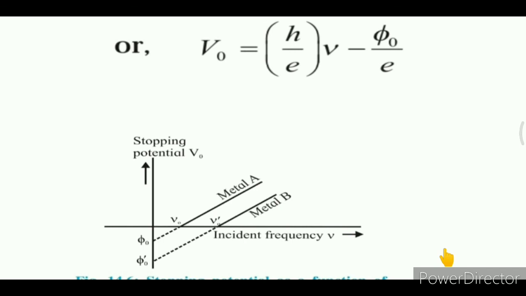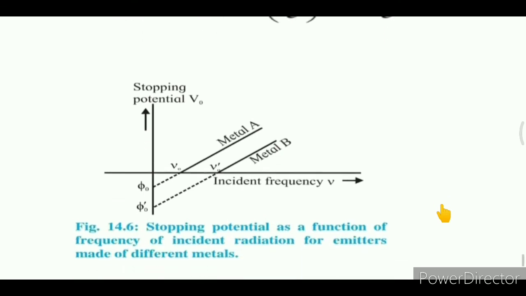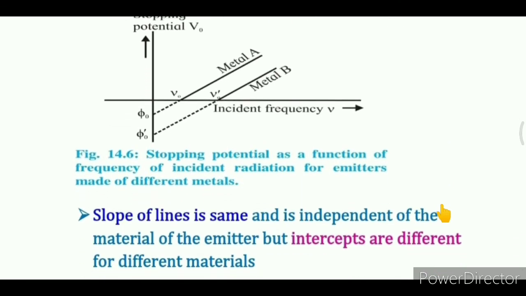The slope of the straight line depends on the constant values h and e, whatever material we are using, and the intercept of the line depends on the material through the work function, given here as phi 0 for material A and phi 0 dash for material B. Hence we can conclude that the slope of the line is the same and independent of the material of the emitter, but the intercepts are different for different materials.